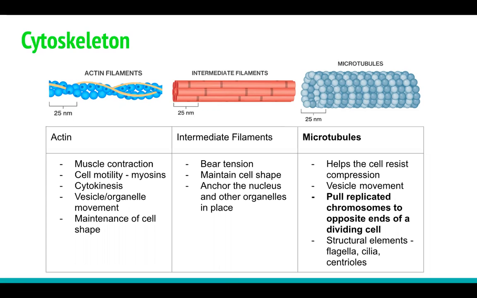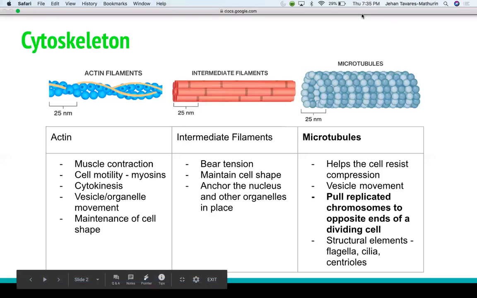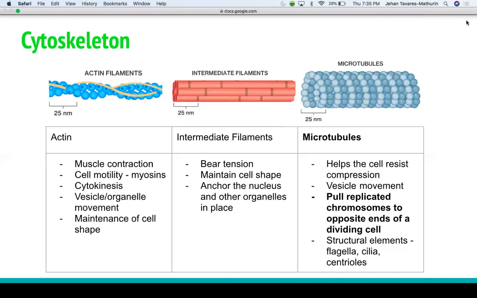They're going to be anchoring the organelles and nucleus in place so that they're not just freely floating throughout the cytoplasm. They're going to be in a certain place in the cell. Another important thing about intermediate filaments is that they help make up the nuclear envelope. The nuclear envelope is going to have two layers, and the intermediate filaments are going to be in between the two.